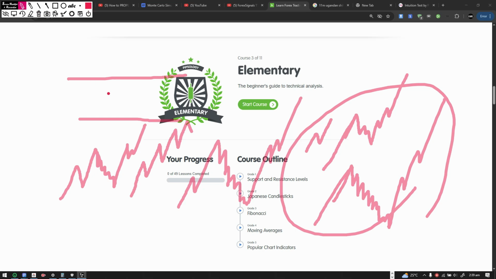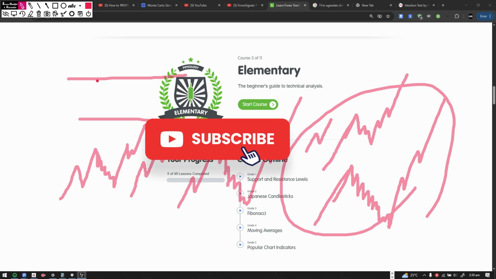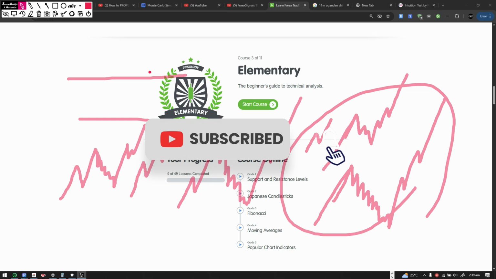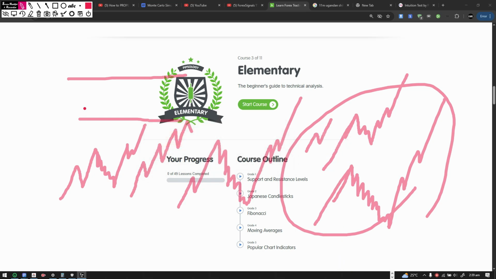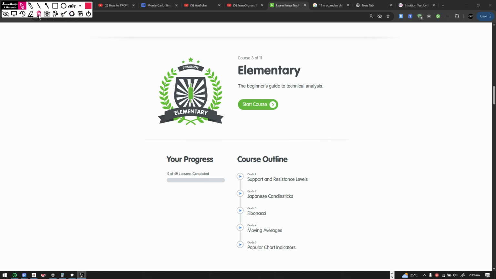So this is how support and resistance work. Support is the floor, resistance is the ceiling. With an up move like this, with a bull move, we have the higher high, higher low, higher high, higher low. So this is how the supports come in.